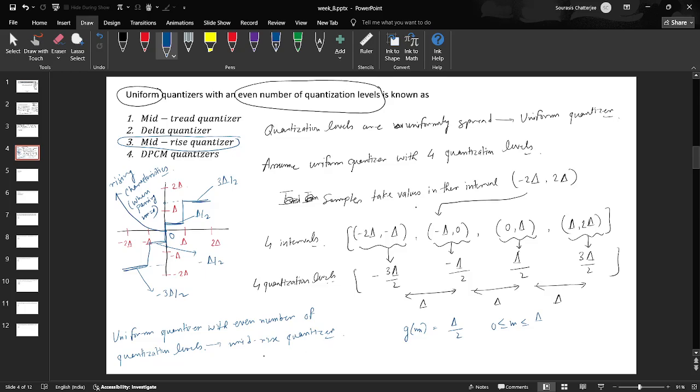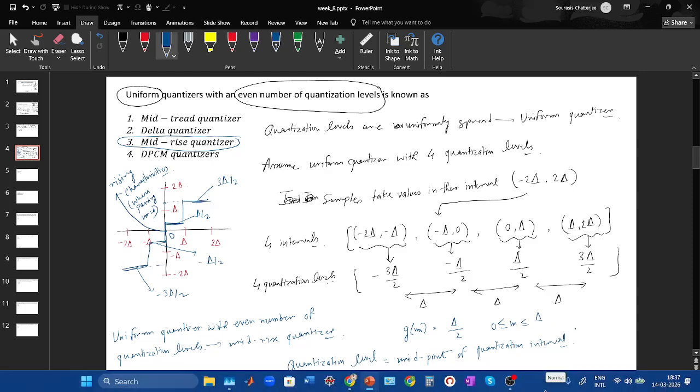And by the way, I guess you have already noticed that whenever I'm mapping those intervals to quantization levels, we have particularly chosen the quantization level to be the midpoint of the quantization interval.